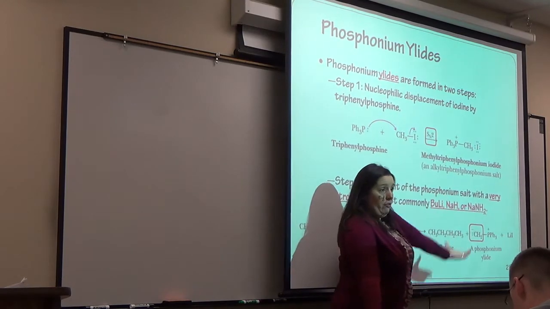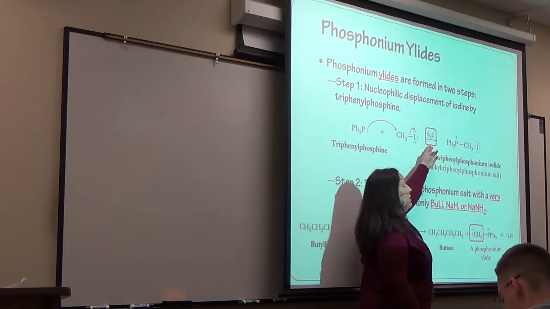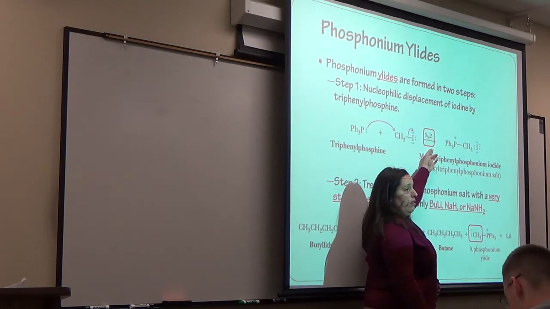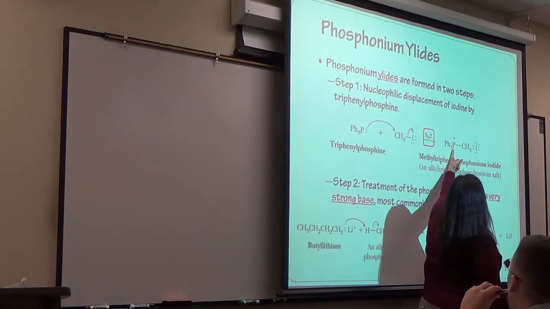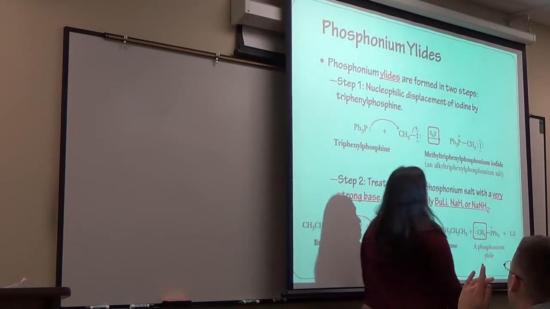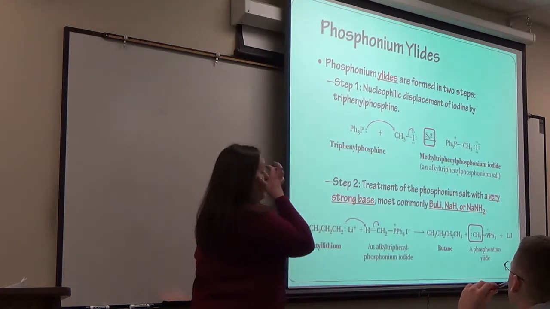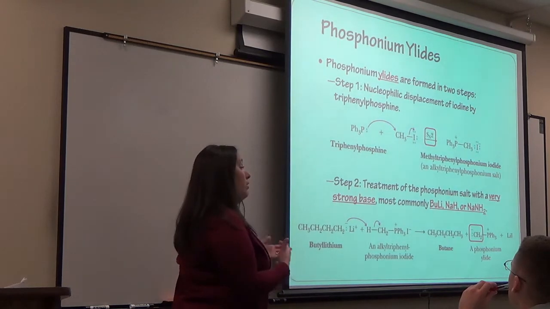An alkyl halide, which we've been seeing over and over again. The halide is your leaving group, so this is an SN2 reaction. Then it's going to give you the product, and of course, the product is a salt. So you see that the phosphorus is going to be positively charged. But right now I have a CH3, and that's not really going to help me. That's not a nucleophile in this situation.